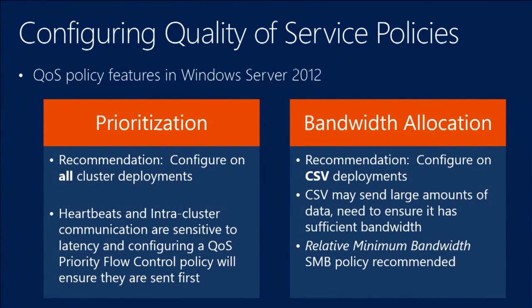In terms of bandwidth allocation, you have this relative minimum bandwidth property where you can say that I want to carve out maybe 30% for that network or 20% for live migration and things like that. So you may say cluster traffic always has an X amount of bandwidth, which ensures quality of service.